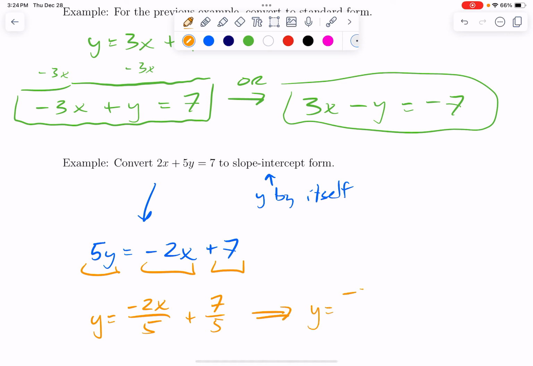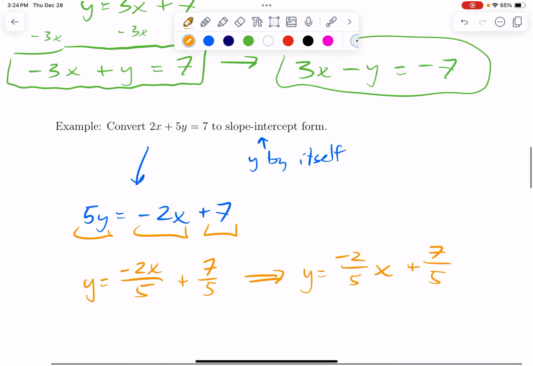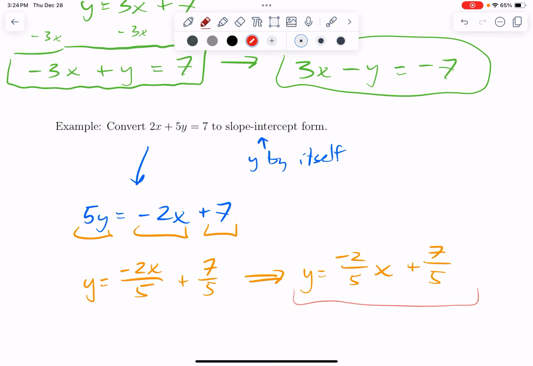And the way we write that, so that it looks exactly like slope-intercept form, is that we put this fraction in front of the x. Negative 2x over 5 and the number negative 2/5 multiplied by x have the same meaning, but this form here is what we would consider slope-intercept form.